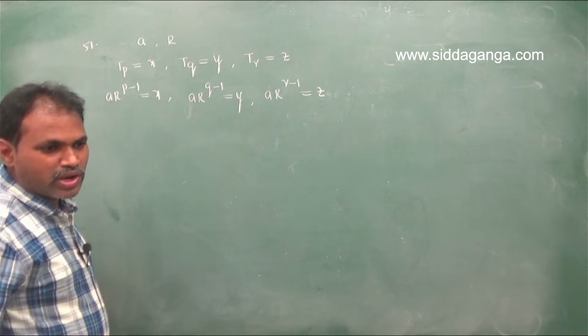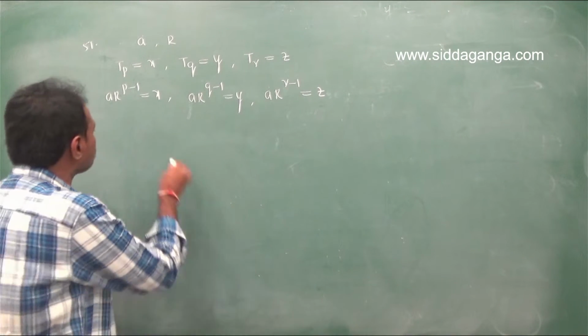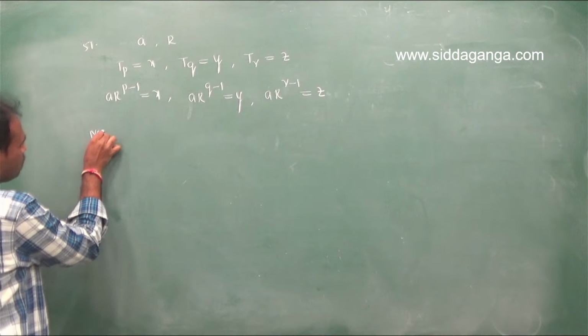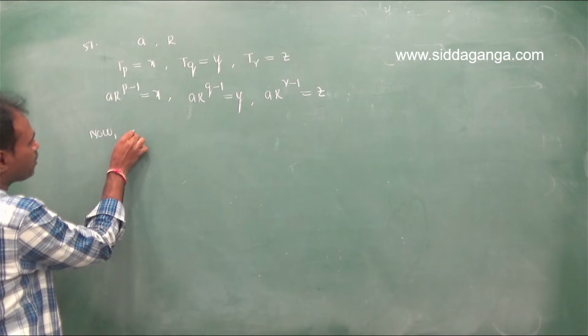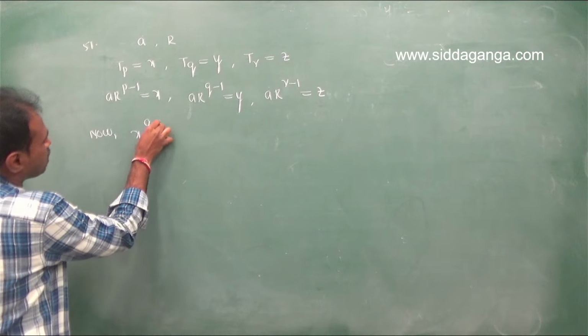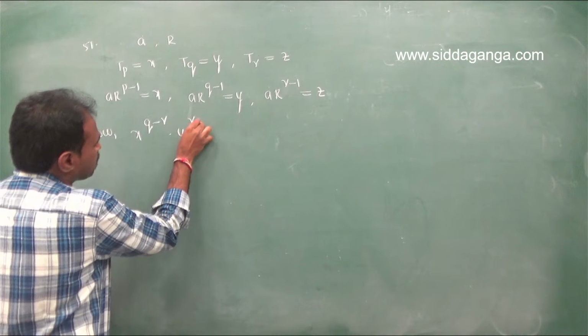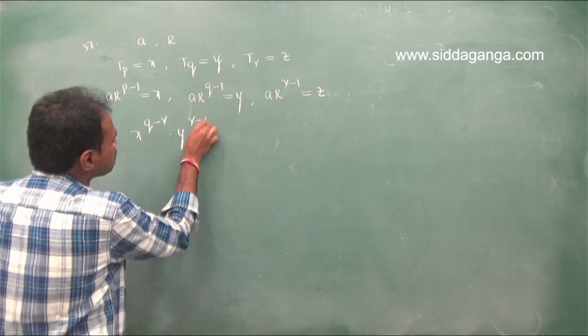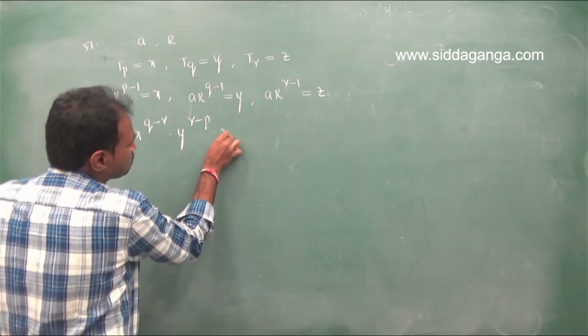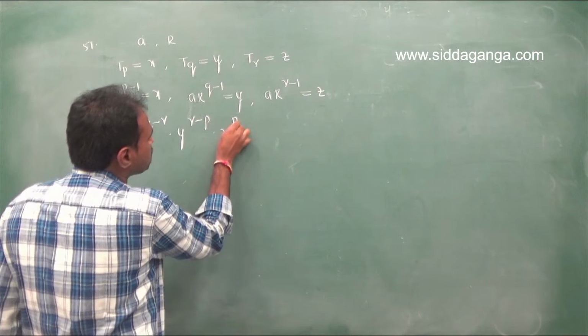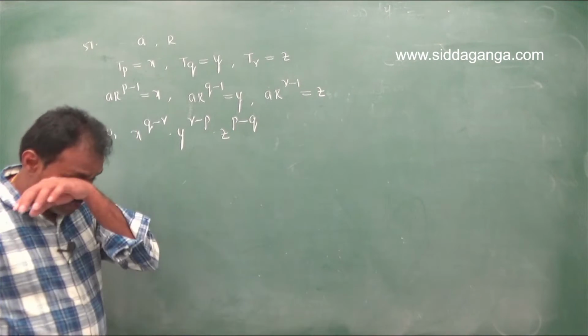Now we have to find the value of x power q minus r into y power r minus p into z power p minus q.